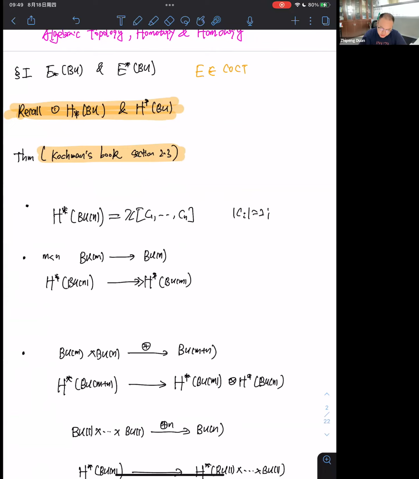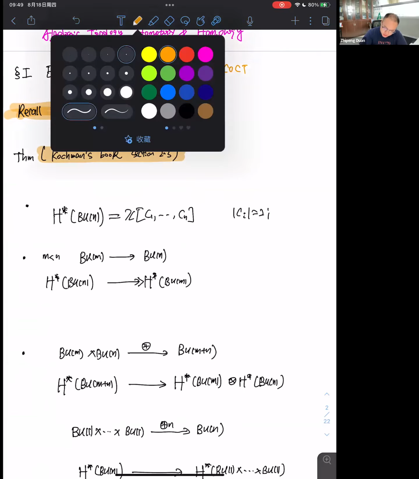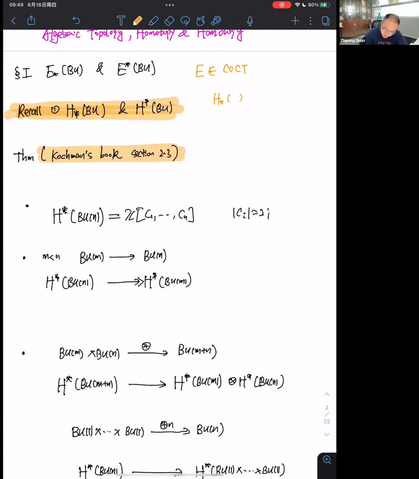The first is about the singular co-homology and singular homology calculation of BU, H star of BU and H lower star of BU. In this talk, H star just means singular homology with C coefficients, and similarly for singular co-homology.